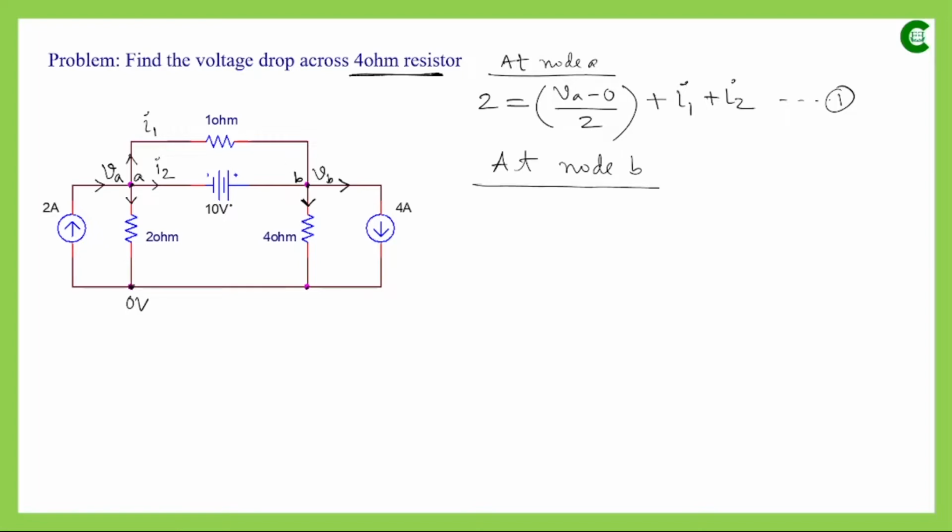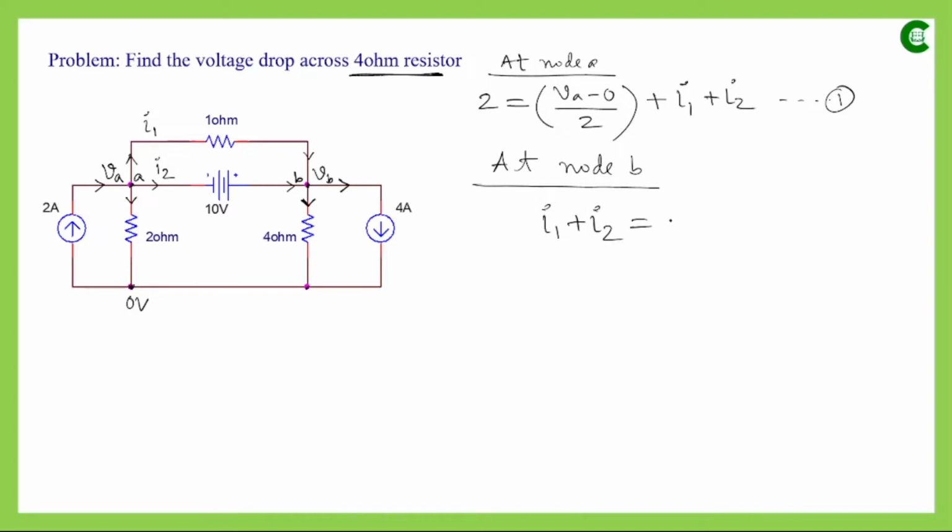For the 2 branches whose currents we assumed were leaving node A, they are now coming to this node, so they will be incoming currents with respect to this node. So this can be easily written as I1 plus I2 equal to the summation of these 2 currents which are leaving this node.